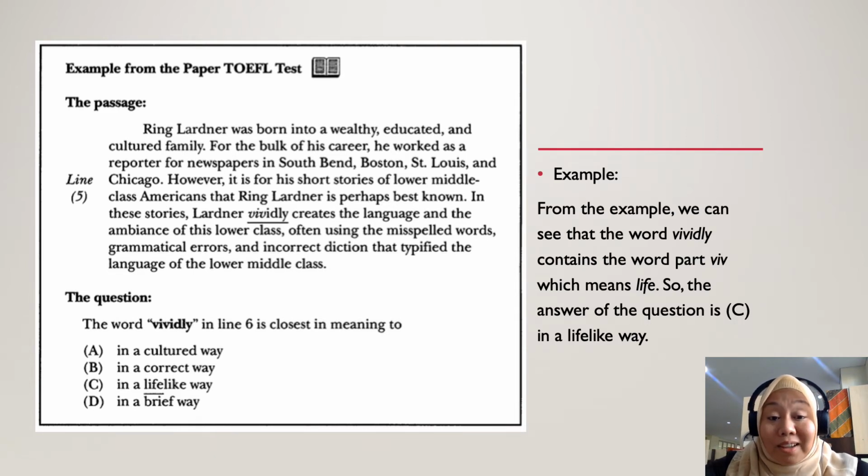So in a lifelike way. That is how you use word parts to give you clues of what the meaning of words are.